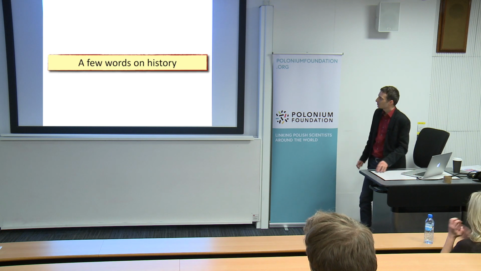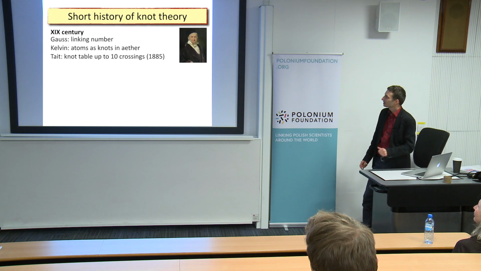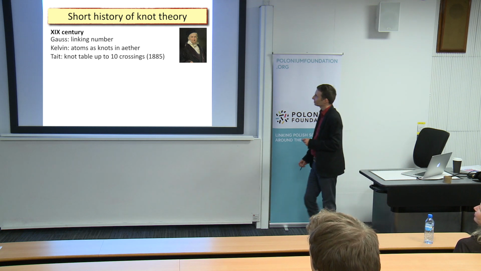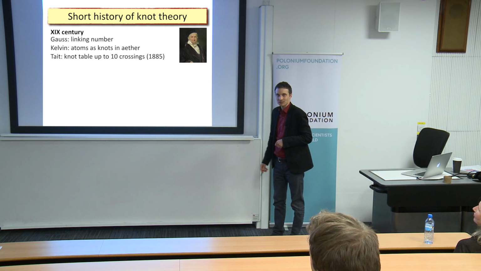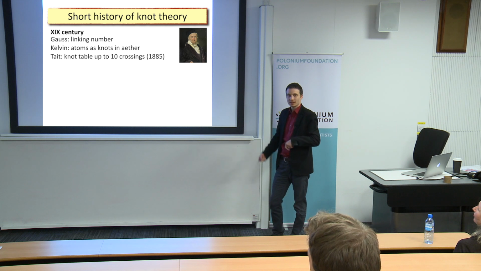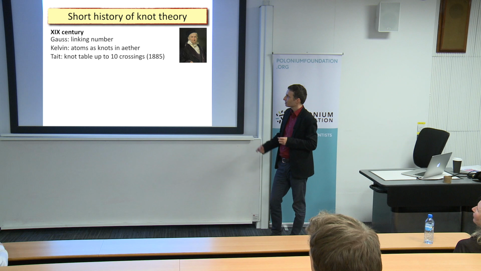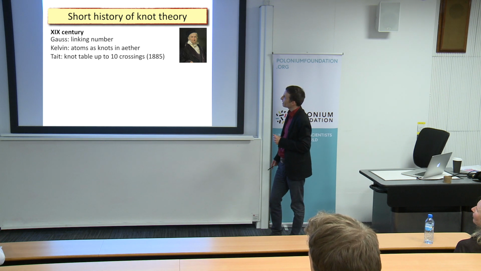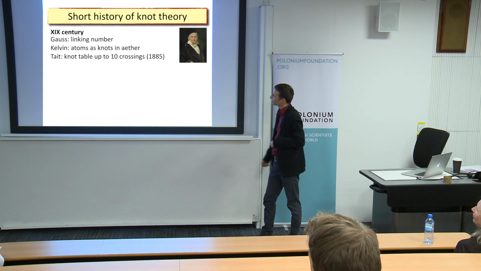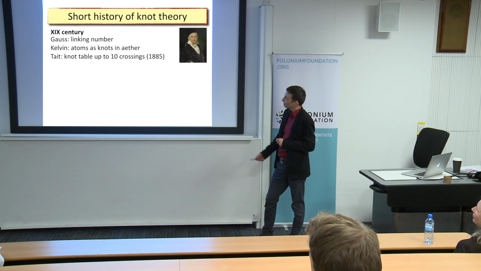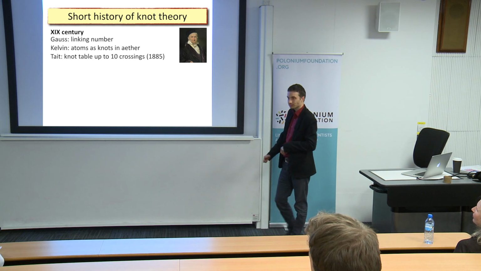Okay, so I will say now a few words about history to show you that these knots, well, of course they are a branch of mathematics, but they are also related and inspired scientists in other disciplines. And more systematically, people started looking at those knots in the 19th century. One of the first mathematicians was Gauss, who devised that linking number.